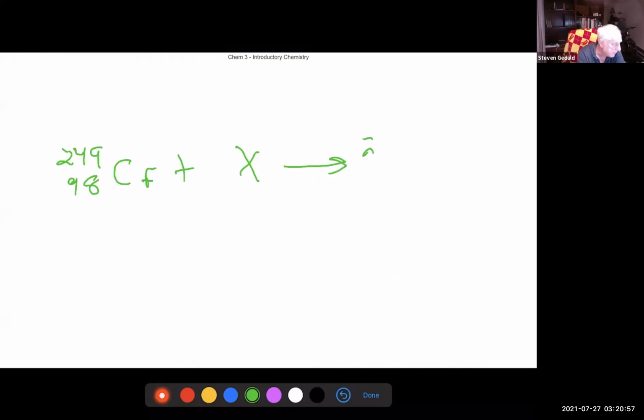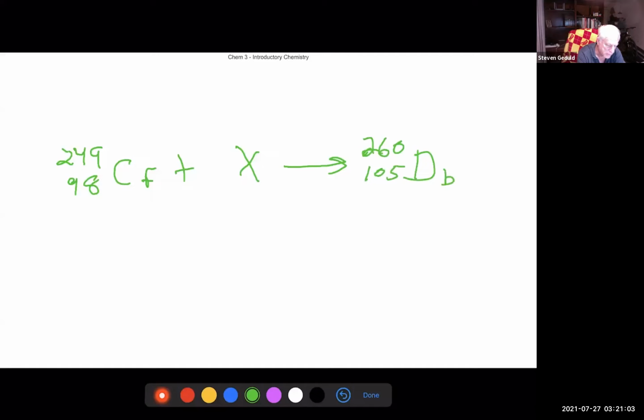So it says 249, 98, Cf plus X is going to decay to 260, 105, Db plus 4 neutrons.